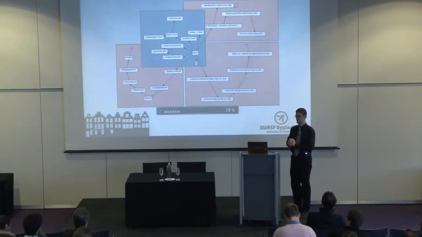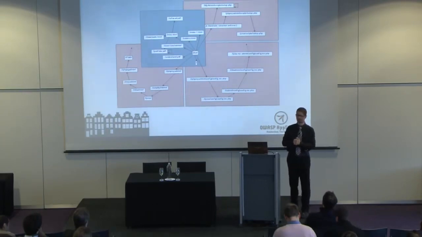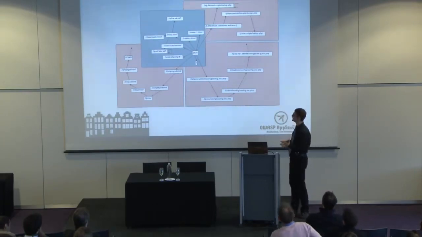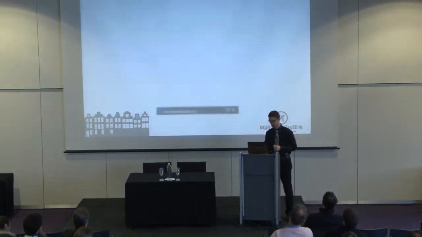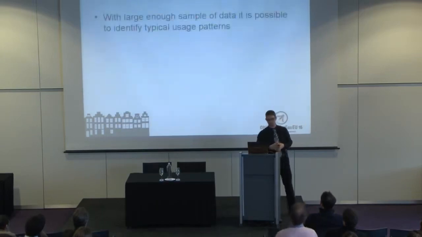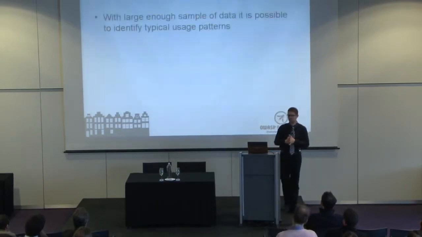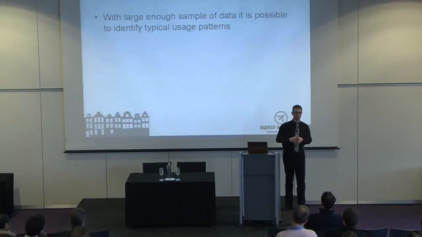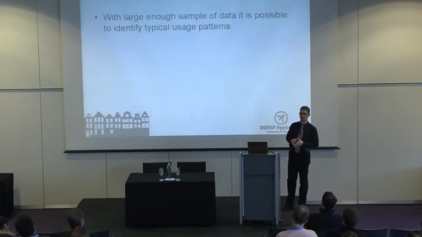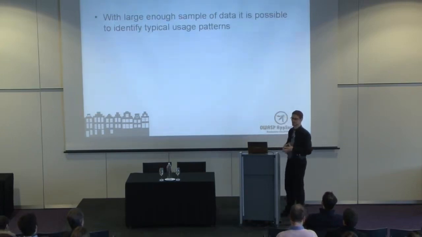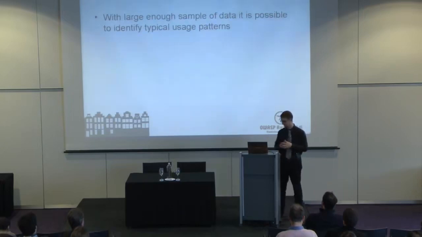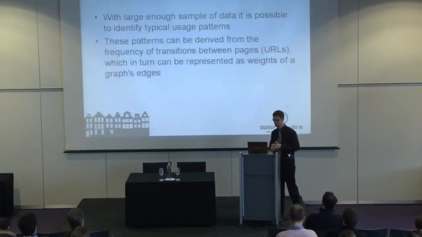And this is basically what this part is about, to identify these attempts which differ from daily usage. So my assumption was that with a large enough sample of data, it would be possible to identify these usual patterns. And then if we have the usual patterns, then of course we can spot the unusual ones because they differ from the usual ones.